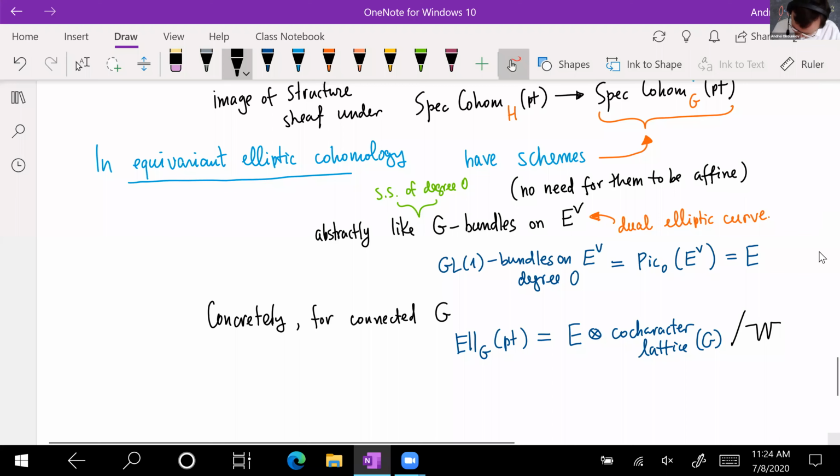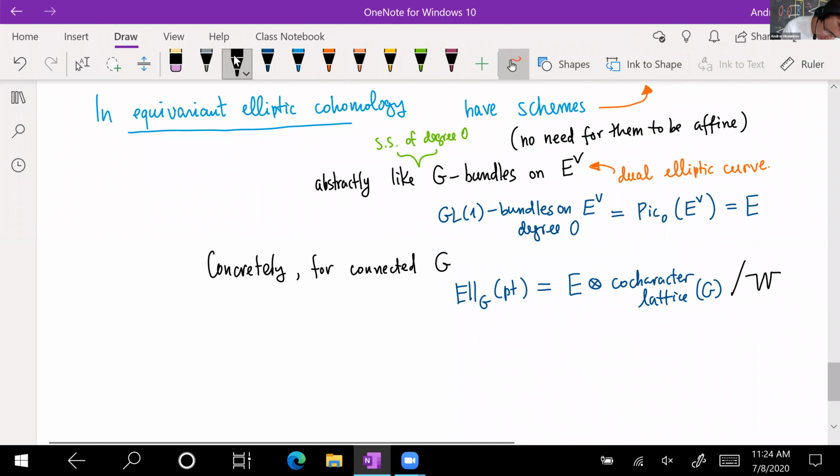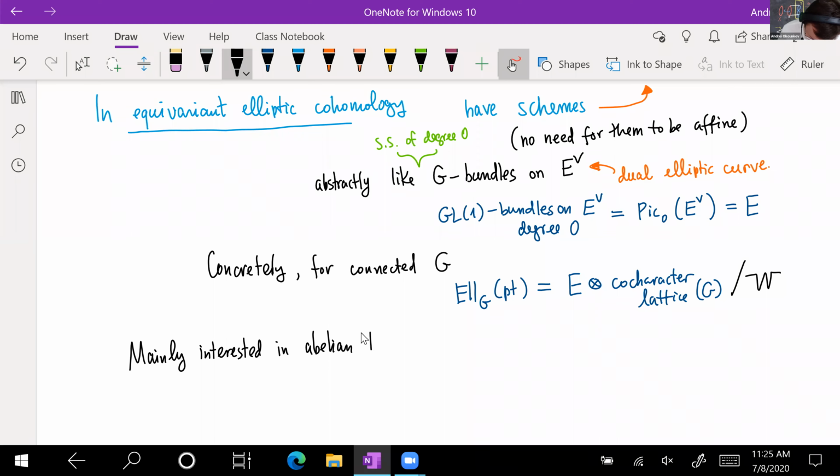That's concrete. Even more concretely, we will be mainly interested in abelian groups T. Then the equivariant elliptic homology of T of a point is just E tensor the co-character lattice.